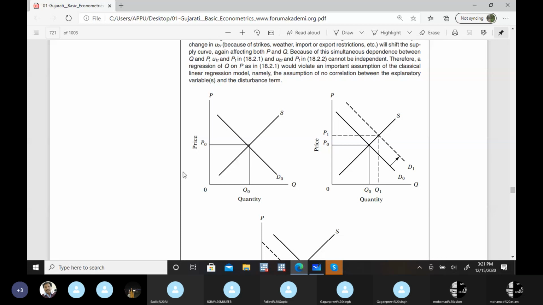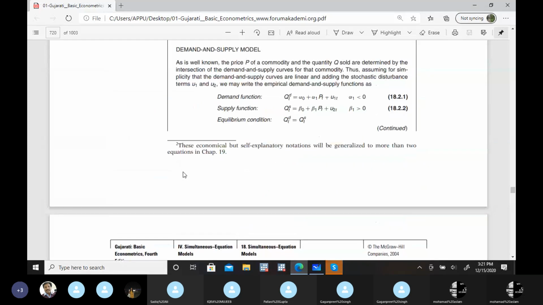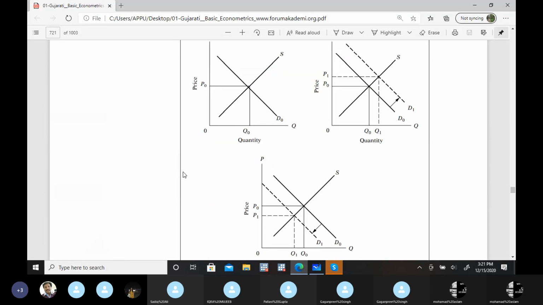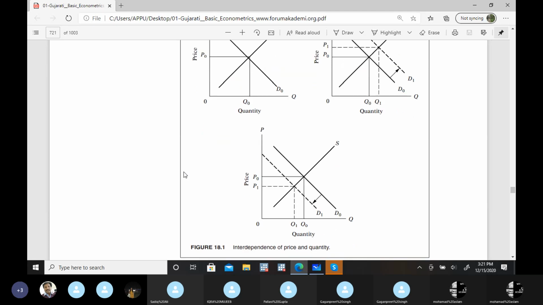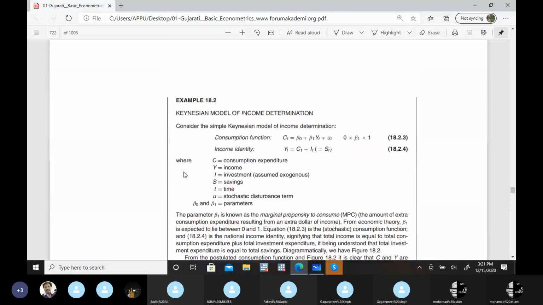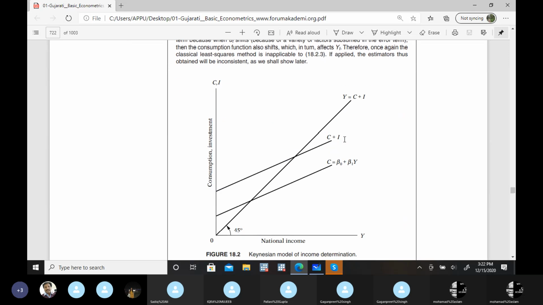So in the end, after running these two simultaneous equation models, we have to guess that after the final estimates, the regression line we have, that line is for which function? For example, if we run these two models separately, that's a different issue. If we run this particular equation, we have this particular line, and if we run a consumption function, we have that particular line. That's a totally different scenario. But what if we run it simultaneously?